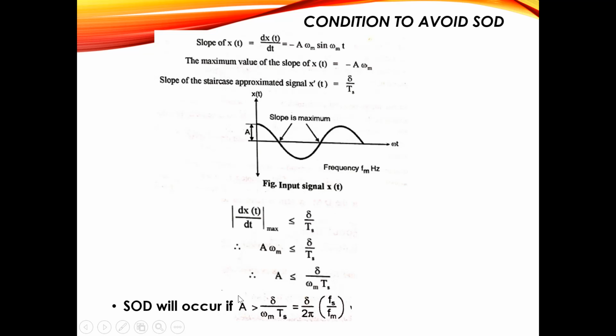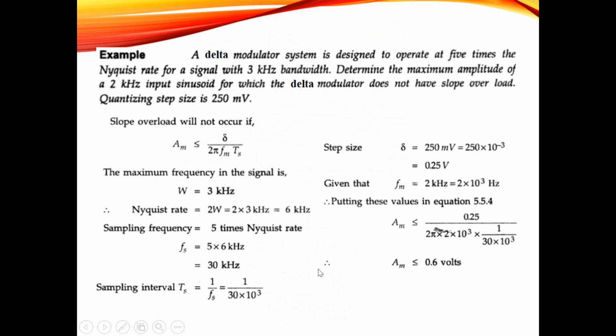Slope overload distortion will occur if the amplitude is greater than delta divided by omega m Ts, or delta divided by 2 pi fm Ts. We need to always remember this condition: A, the amplitude of x(t), should be less than delta divided by omega m Ts, where delta is the step size.